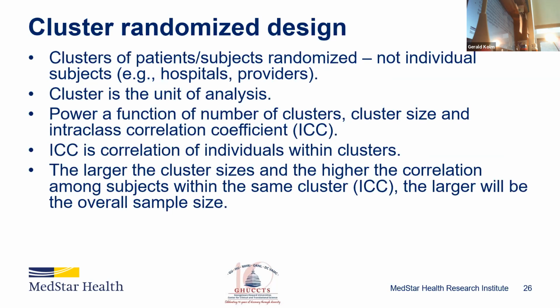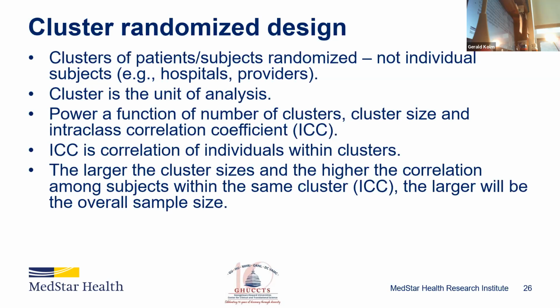It's also a function of the size of the clusters, and then what's known as the interclass correlation coefficient, the ICC, within the clusters. And basically what that is we assume, because the individuals or the subjects within a cluster are related somehow, then there's potentially correlation among the data of those individuals.